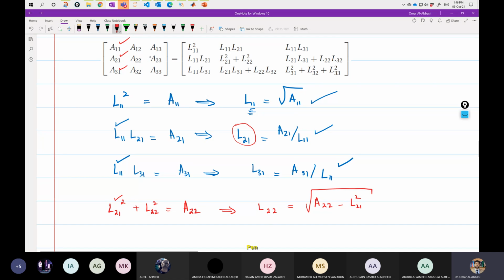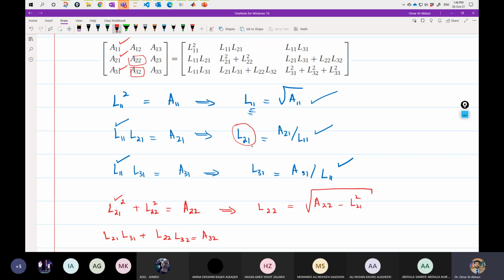Okay, so next, let us move to L32 now. So guys, L21 L31 plus L22 L32 equals A32. Guys, L21, is it known?